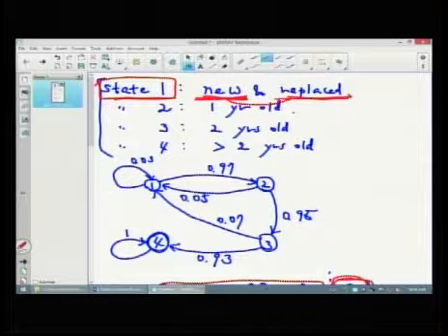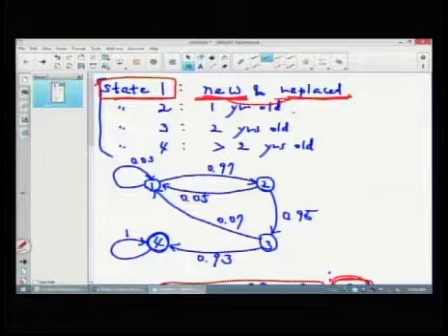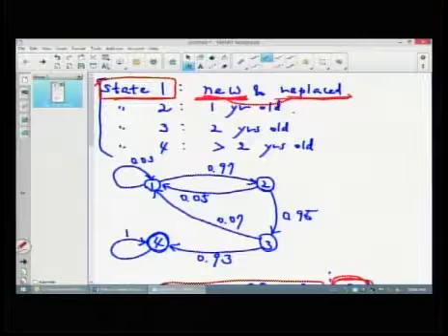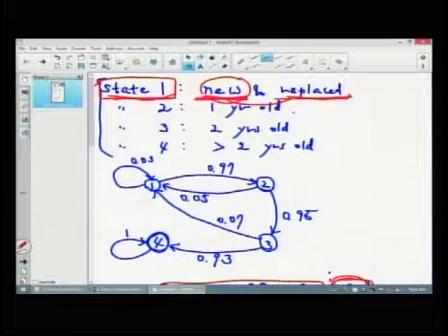So next, I'm going to add another state representing refrigerators replaced. And then the first state will be just a new refrigerator, not including this part. Okay, that's what I'm going to do.